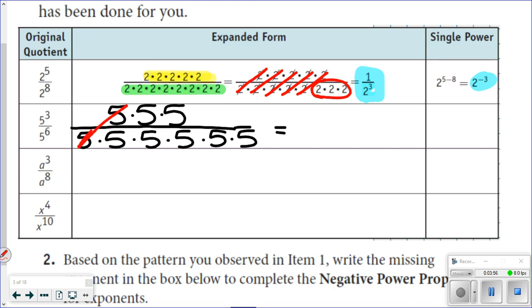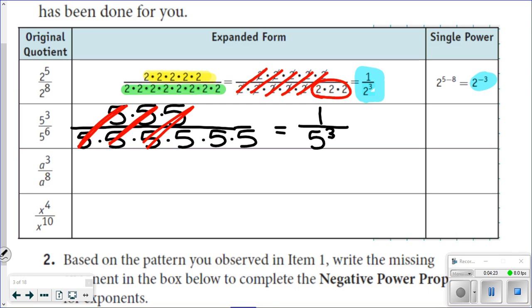So these two 5's cancel, and they cancel, and they cancel. So in the denominator, in the bottom, I have 5 multiplied by itself 3 times. So my base is 5, my exponent is 3. And then I need a placeholder in the numerator, so we're going to put a 1. 5 divided by 5 is 1, so we're going to put a 1 in the numerator.